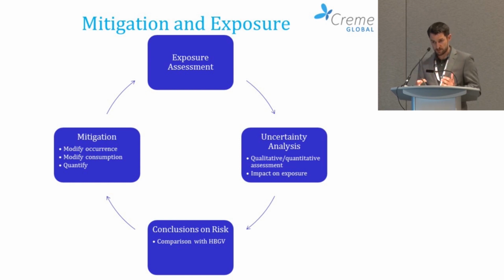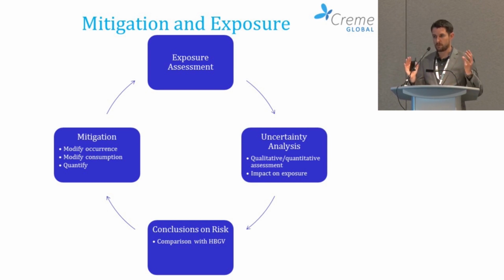From the exposure perspective, there are only two things you can do, because there are only two inputs. There's how much people eat, and there's how much the chemical occurs in the food. In other domains, like for example methyl mercury in fish, there's been guidance around reducing food consumption, but for these broadly consumed foods, that's rarely happened in the mycotoxin arena.